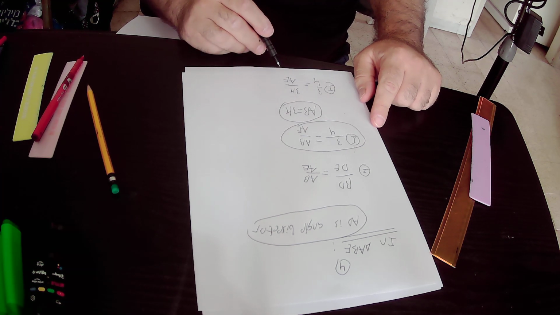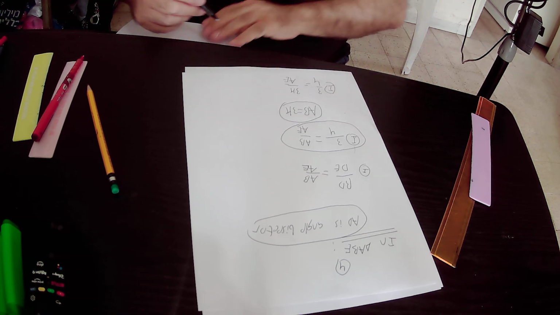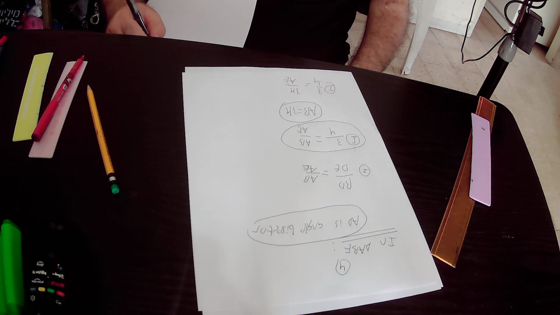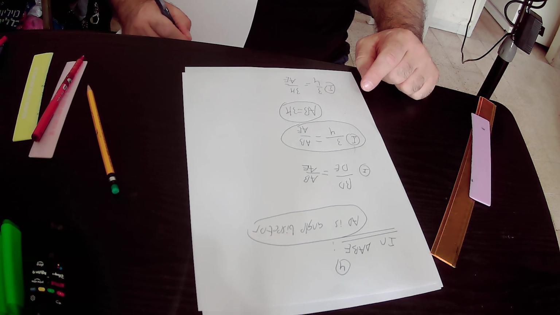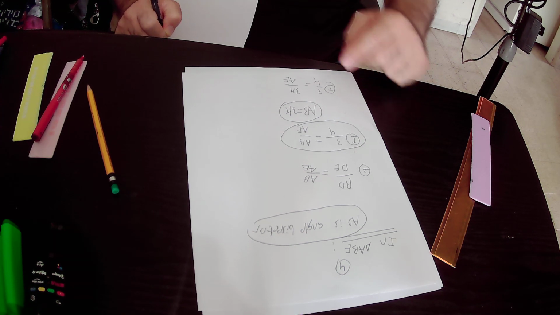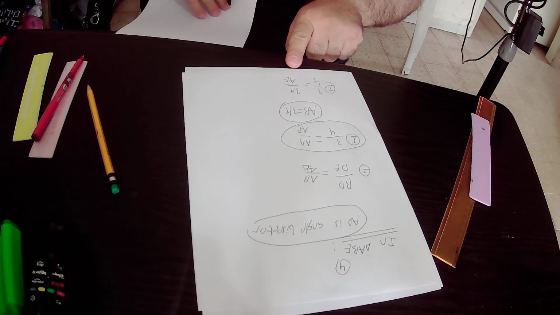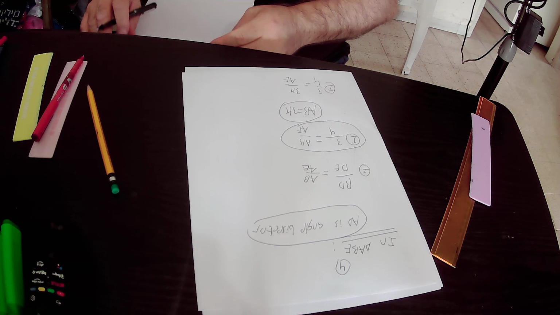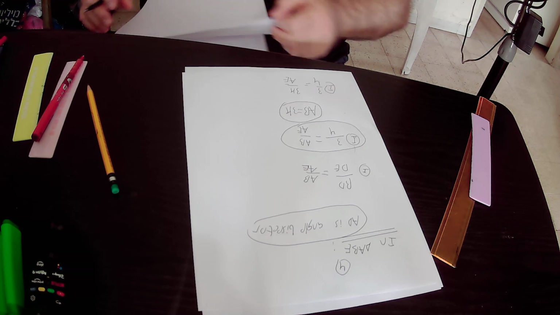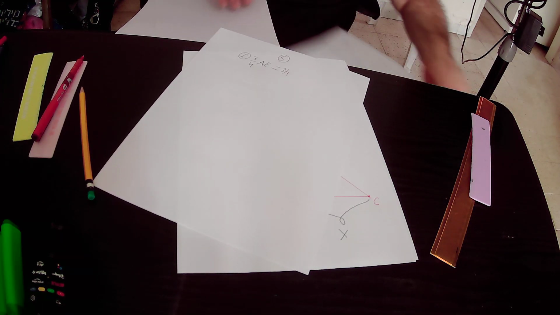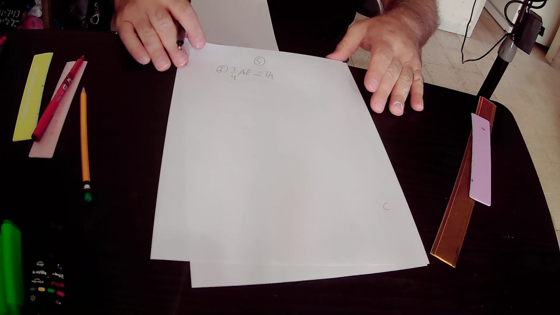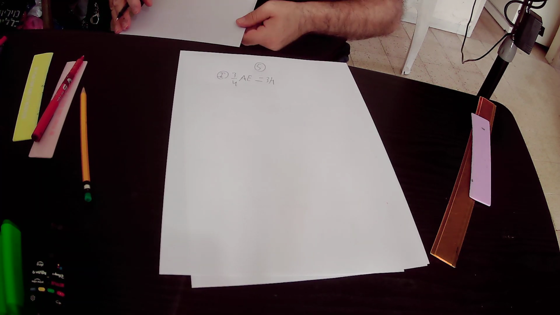Here we will multiply this equality by AE, and we will get that 3 over 4 times AE equals 3K.